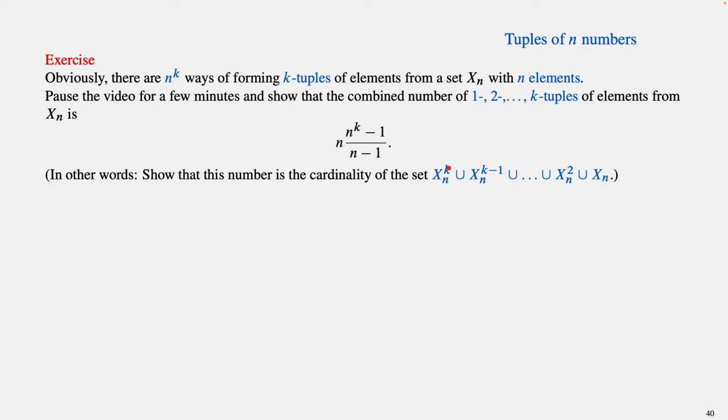So here the powers indicate how many times you take the Cartesian product of the set X_n with itself. And if you take the union of all of these Cartesian products here, then that's the combined number of all these tuples with different numbers of entries, and you should prove that it equals this one.